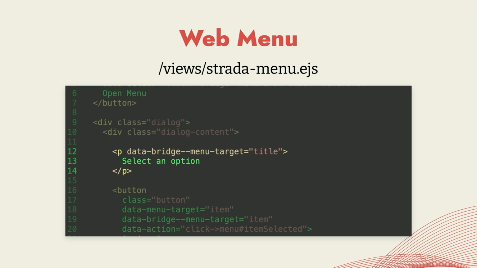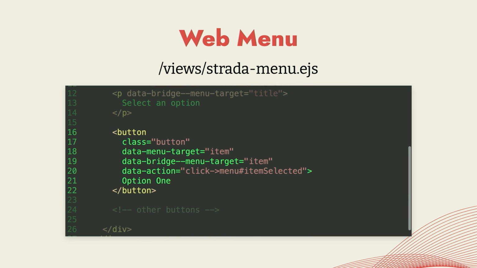We're going to set up a title for the menu. This just says "Select an option," so we're going to set up a target for that. And then whenever a button is clicked in the menu, we're going to call the menu item selected function, which will work in the menu controller.